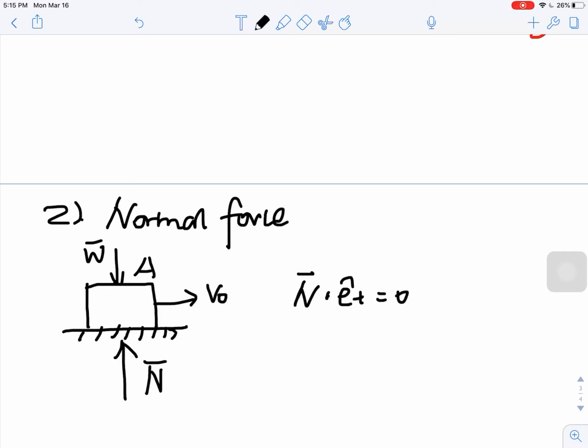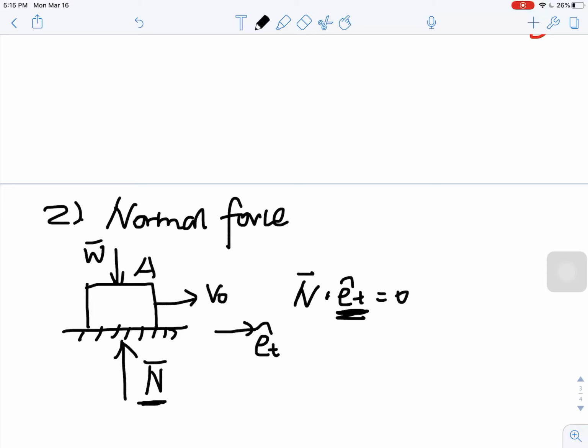Why does the normal force dot e_t hat equal 0? e_t hat always points in the direction of the particle's motion. In this case, the block is moving to the right, so e_t points to the right. The normal force points upwards, vertically. It has zero components in the e_t direction.